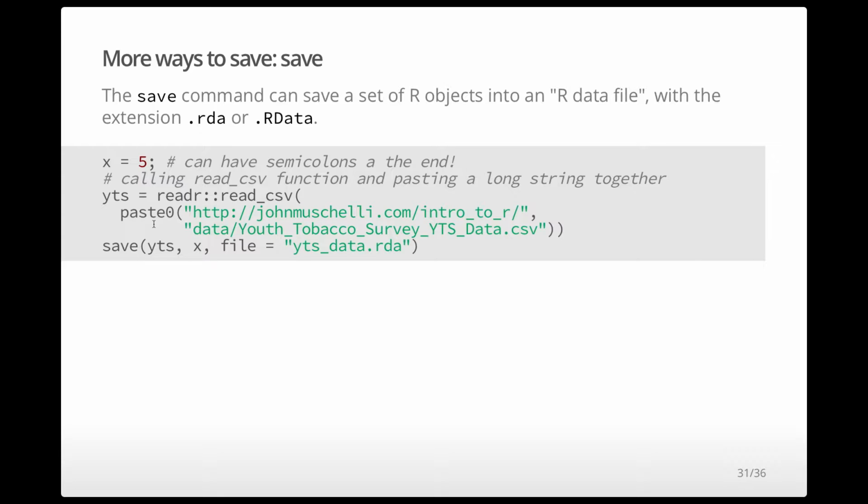Our data files have the extension either .rda in all lowercase or .RData, with the R and the D uppercase. This file will contain the data set yts and also this number 5, x.